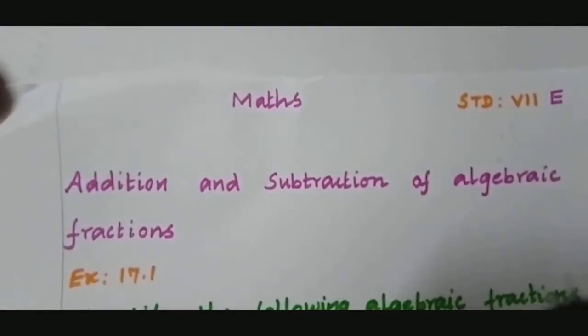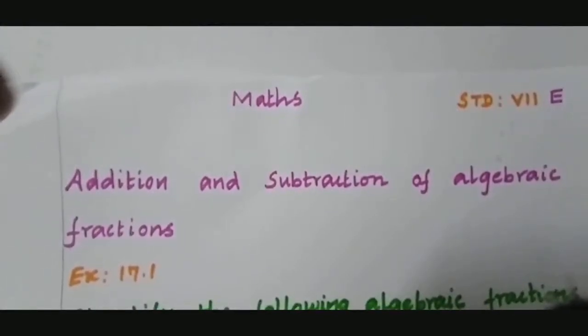What are the types of algebraic fractions? There are two types depending on the type of denominator. The first one, algebraic fractions having integral denominator, and the second one, algebraic fractions having variable denominator.